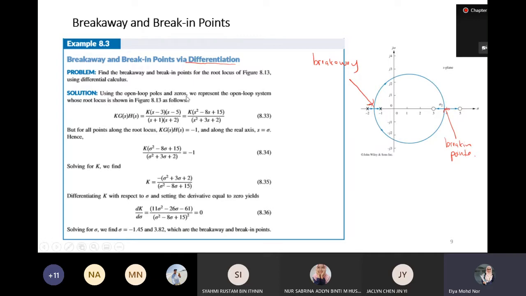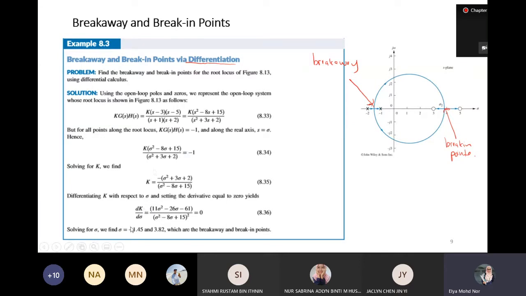Using the open loop poles and zeros, we represent the open loop system whose root locus is shown in figure 8.3 as KGH. This forward transfer function, we differentiate it. After you have differentiated, you can solve for K. You multiply and then you are able to differentiate, using the rules of differentiation for a partial fraction.